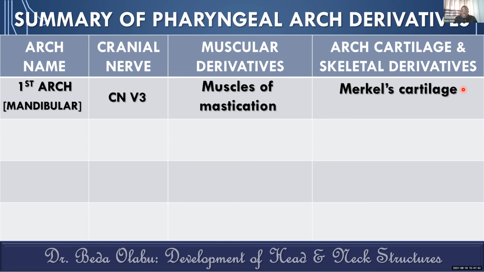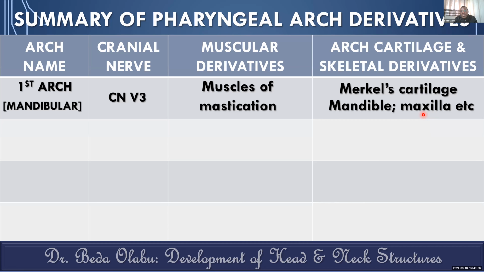So what are these skeletal structures that develop within the first pharyngeal arch? The mandible, that mandibular bone, develops within the mesenchyme of the first pharyngeal arch. The maxillary bone also develops within the mesenchyme of the first pharyngeal arch.